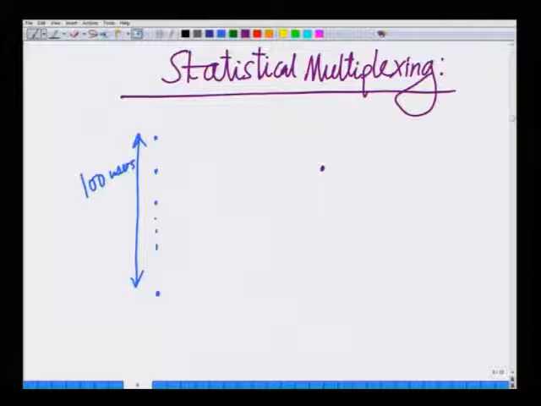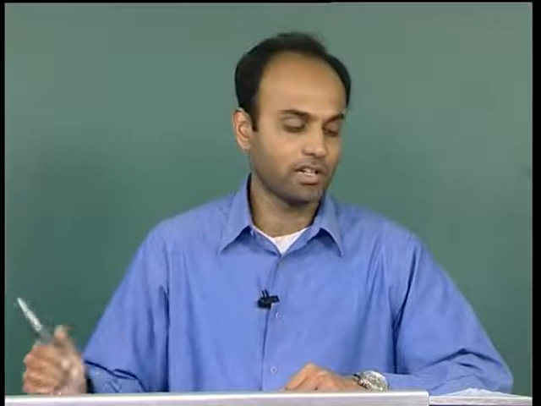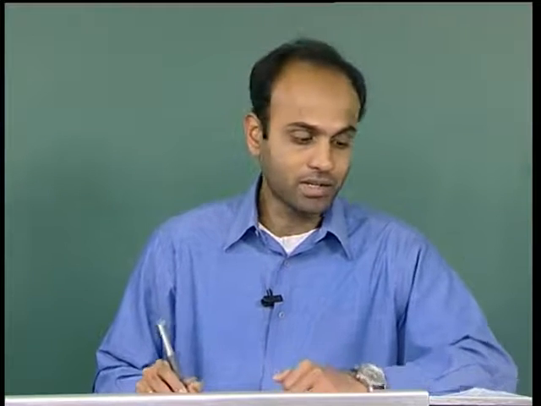Now I no longer have a large number of channels, but only a few channels. Let us say I have about 10 to 15 channels, alright. I have 100 users, but I only have about 10 to 15 channels to multiplex all users. This is termed as statistical multiplexing, where you are essentially using the statistical properties of the traffic to multiplex a large number of users.